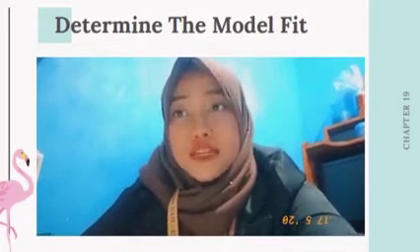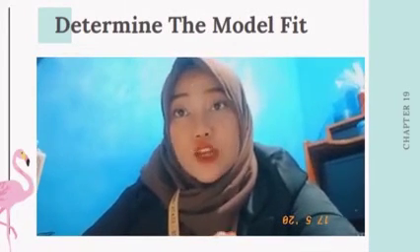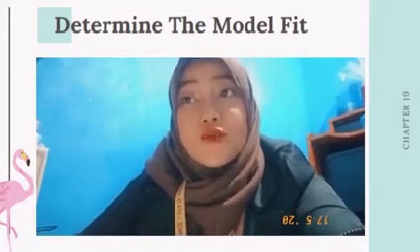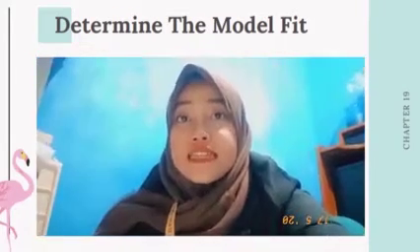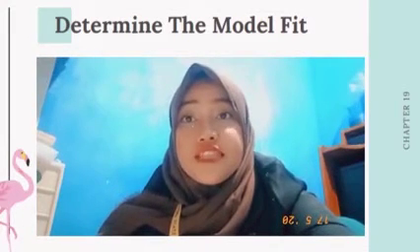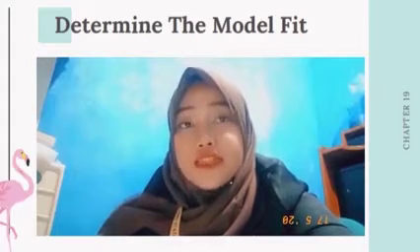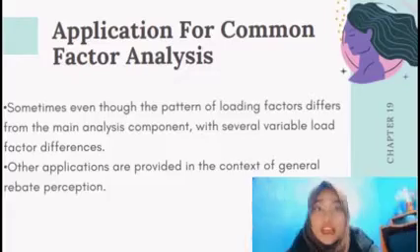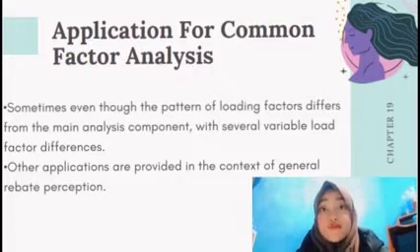The difference between the observed variables and the reproduced correlation can be examined to find a suitable model. This difference is called residue. If there are many very large residues, the factor model does not provide a good fit with the data and the model should be reconsidered. Application for common factor analysis.